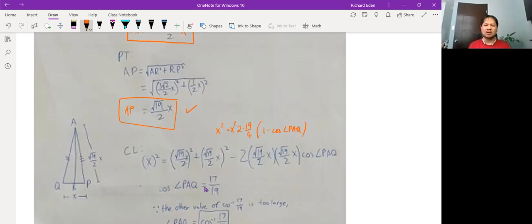Double, right, yeah. The cosine. All right, 1 times 4 over 38, and then that's going to be 1 minus 34 over 38, so yes, 17 over 19.